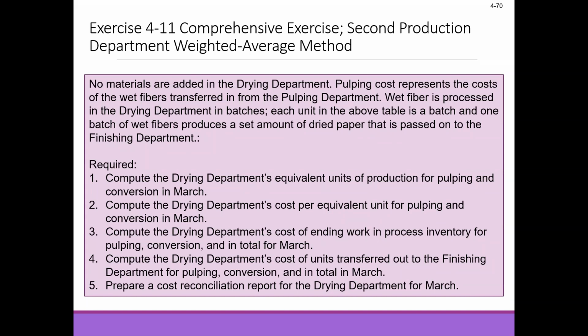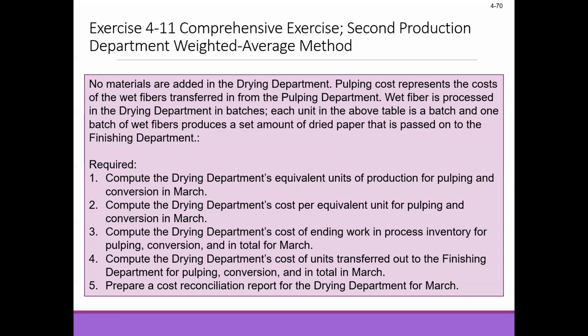We have to compute the drying department's equivalent units of production for pulping and conversion in March. We'll compute the drying department's cost per equivalent unit for pulping and conversion in March. Then we'll compute the drying department's cost of ending work in process for pulping, conversion, and total in March.